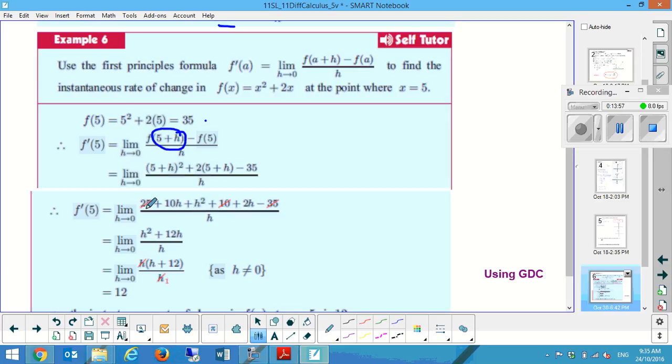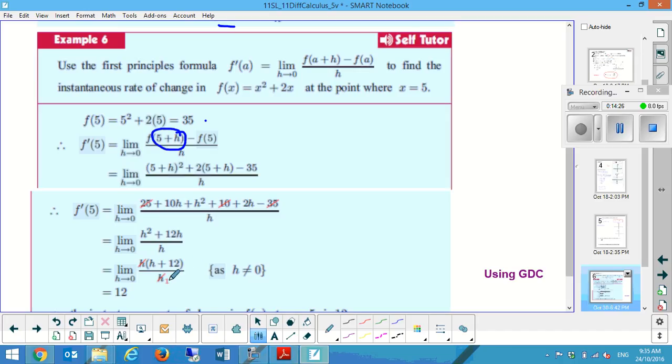So now we see the 25 plus 10 cancels with the minus 35. We also can't see anything else that cancels. Oh yes, we can. The plus 10h and the plus 2h, and they don't cancel, they add together, so we end up with h squared plus 12h over h.